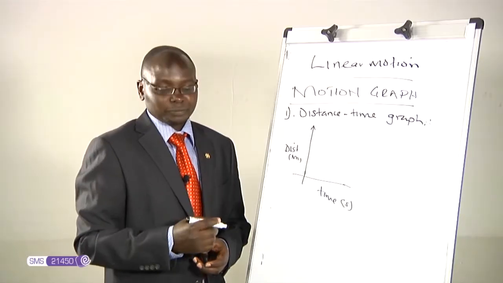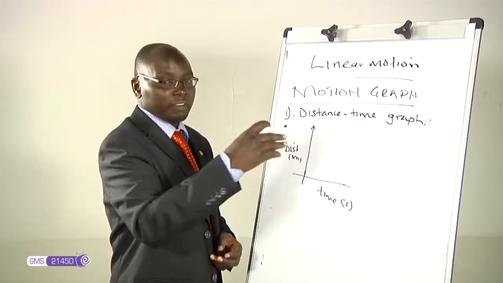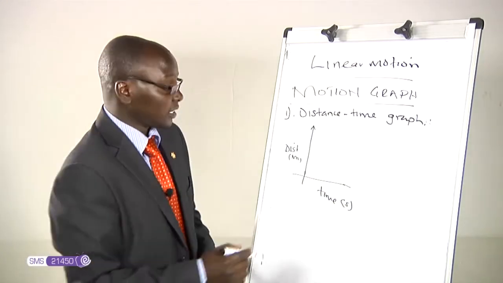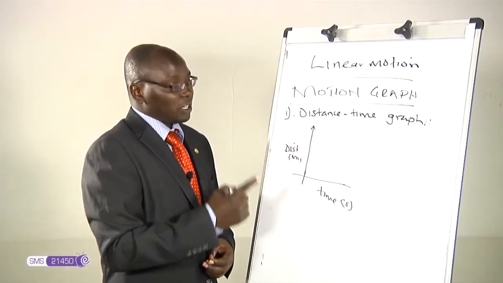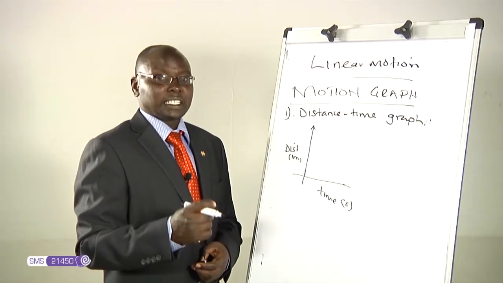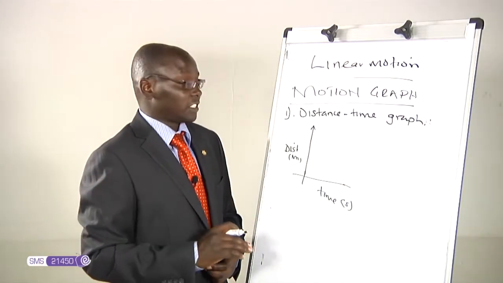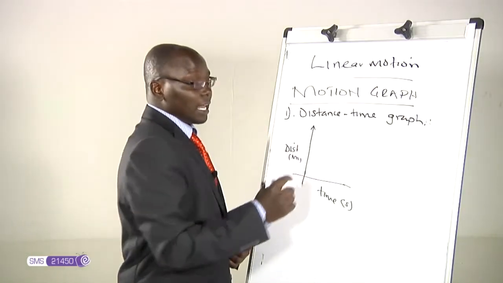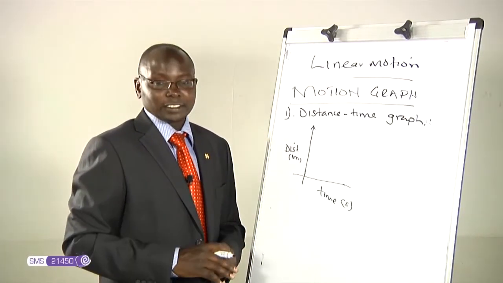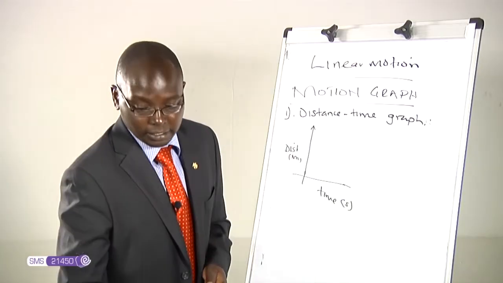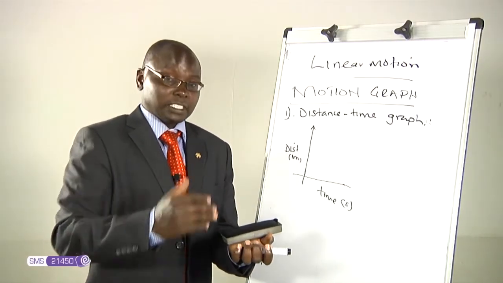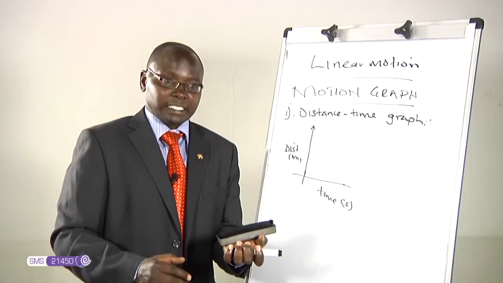Then from there, we can have various graphs depending on the state of the body. So the first one, suppose we are drawing the graph of a body that's not moving, that's stationary. How would it look? A body that is stationary, like my duster here, the time is progressing, but the distance is not changing.